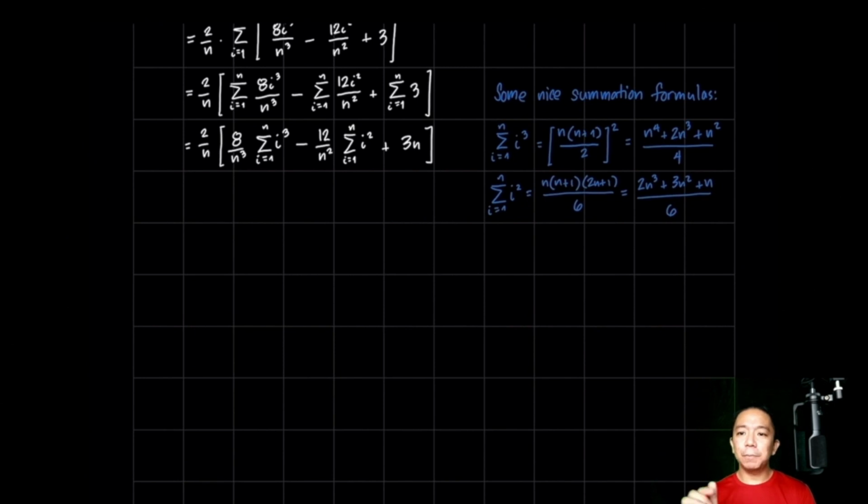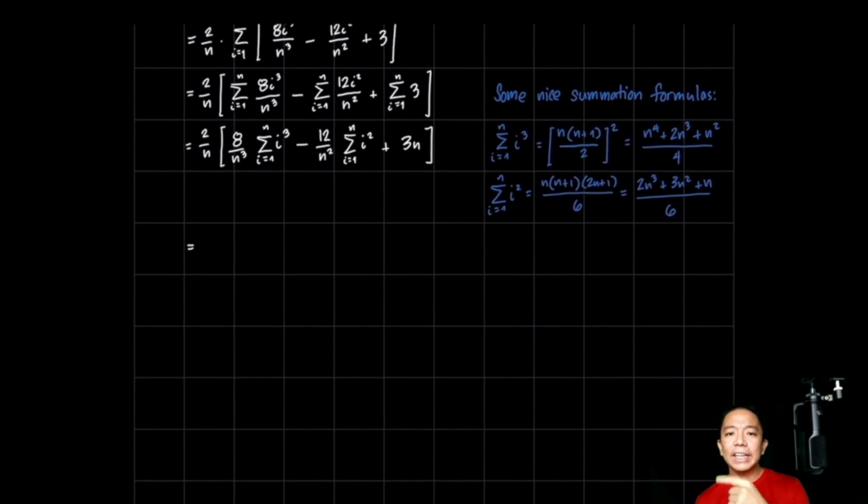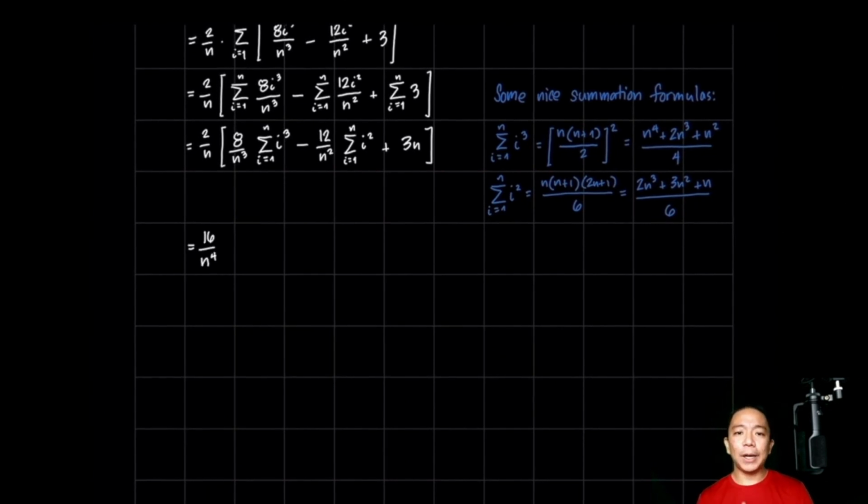I should stop using this blue color kasi hindi ko na rin makita sa screen ko. Tumitingin na ako sa kodigo ko. Let's just use these formulas, derecho, and we'll get that our expression is now equal to, okay, wait, saan galing yung 16 over n to the fourth? So, pinasok ko yung 2 over n, minultiply ko sa 8 over n cubed.